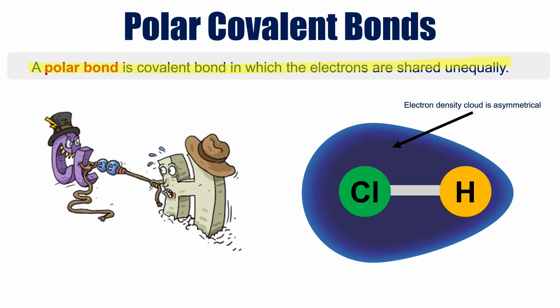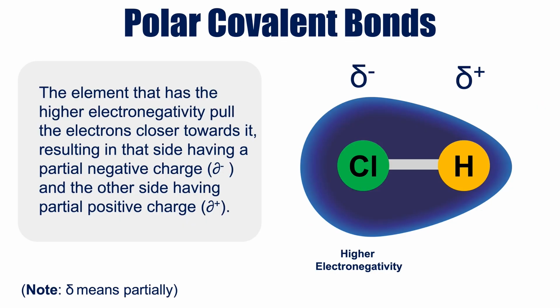In a polar covalent bond, the electrons are shared unequally between the two elements. So what happens in a polar covalent bond is one element has a slightly higher electronegativity value, so it pulls the electrons a little bit closer towards it. That causes an unequal or asymmetrical distribution of electrons, and that leads to what's called a polar covalent bond.